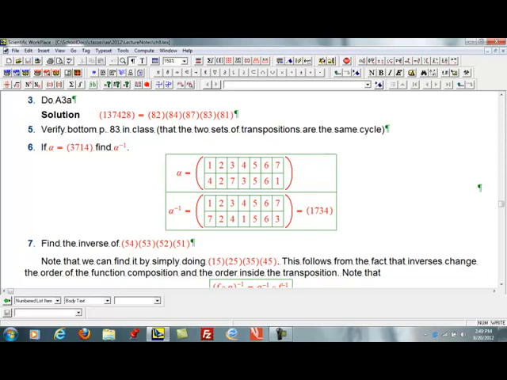If you made this 7, 1, 4, 3, is that the same as 3, 7, 1, 4? Yeah, you can move the 3 to the end, but it doesn't matter.